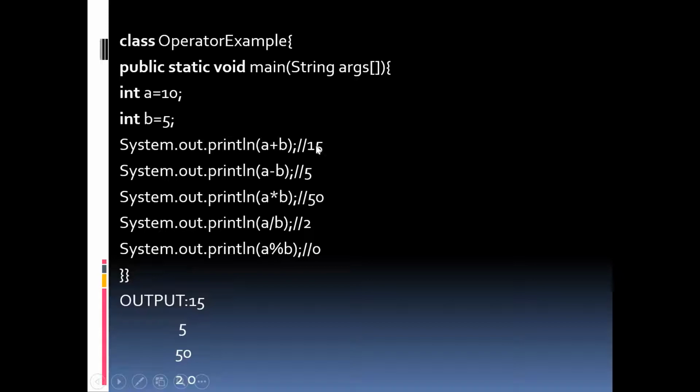So normally addition, 10 plus 5 is 15. Similarly you will do subtraction, multiplication, and division. Finally, modulus gives the remainder as a result. When you do modulo division between the two values, the remainder would be the result. Here in division, the quotient would be the result. In this way you'll get the output.